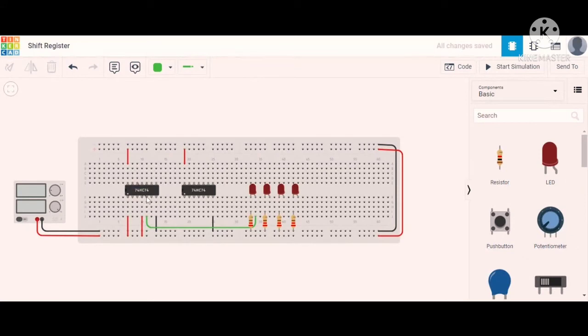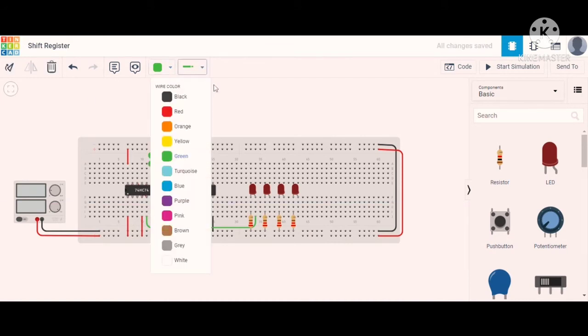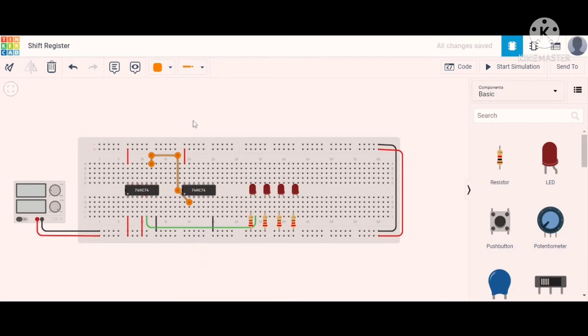As this output is already connected to the input of our second flip flop, the output of this flip flop we now connect to the input of our third flip flop. For making the connection we are using a different color wire. This is the output, this is the input of this one.